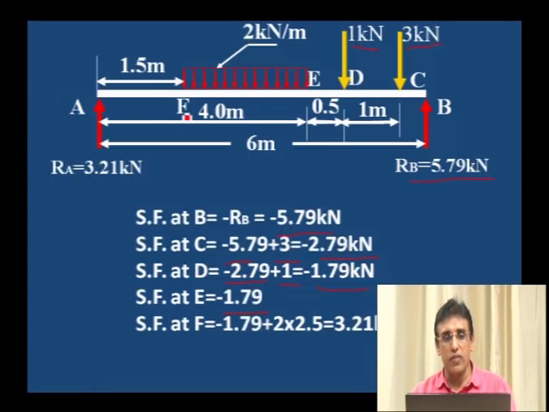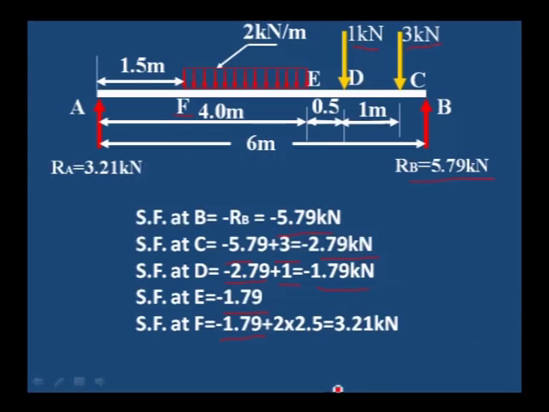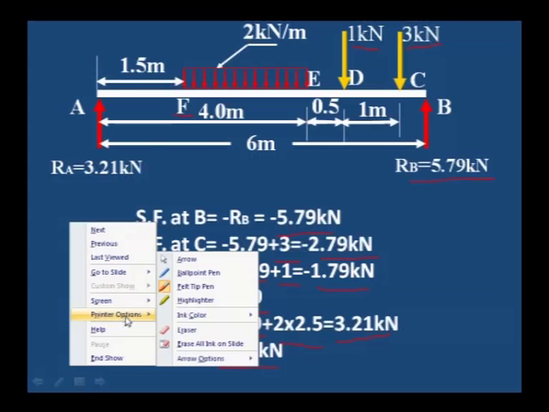Shear force at F, minus 1.79 is the previous value plus 2 into 2.25, the load which is added over the 2.25 distance. Therefore, plus 3.21 kilonewton is the shear force at A, and from F to A no load is added, therefore the shear force at A is also 3.21 kilonewton. Like this we have to calculate the shear force for a simply supported beam.